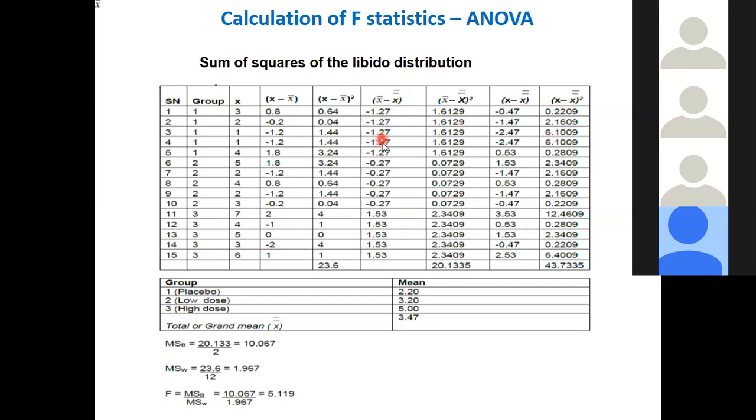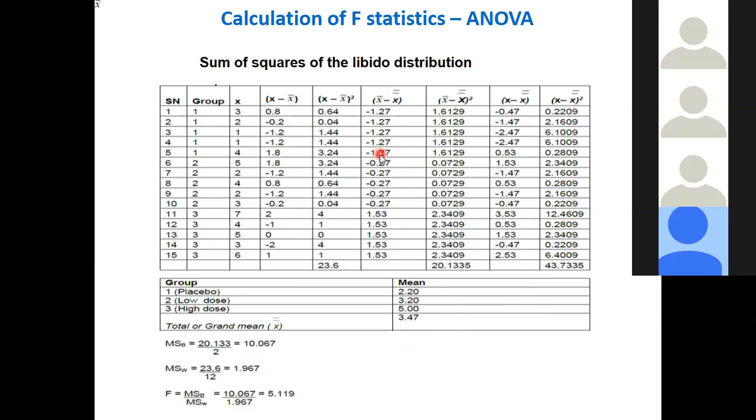The grand mean, if you remember, is 3.47, and the group mean for group 1 is 2.2. When you remove 3.47 from 2.2, it gives you minus 1.27. It is the same group mean for the first 5, because the first 5 belong to group 1. That is why you are getting the same value, minus 1.27.